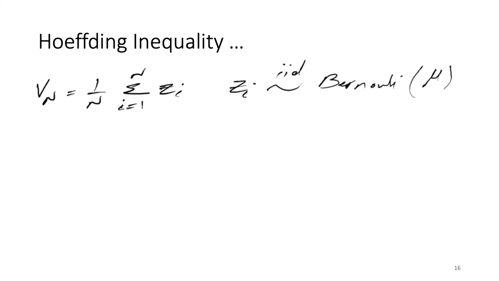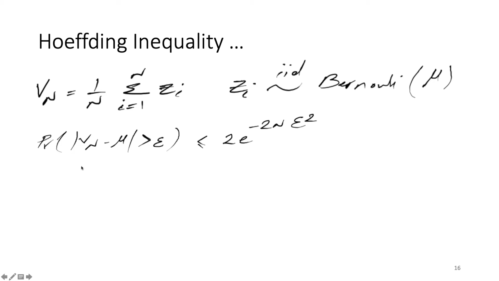Now, let's plug Hoeffding's inequality into those random variables and the outcome. So that was v of n, 1 over n of the summation of all those z's, right? And the z's were coming out of an IID distribution of Bernoulli with a mean of mu, right? So plug them here.